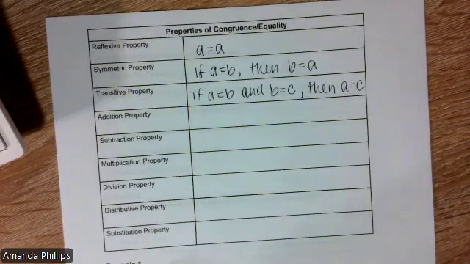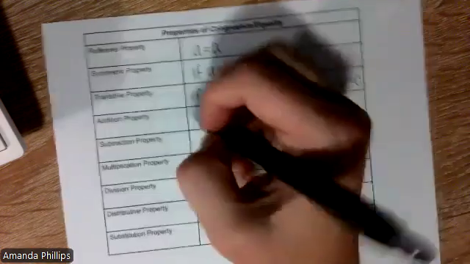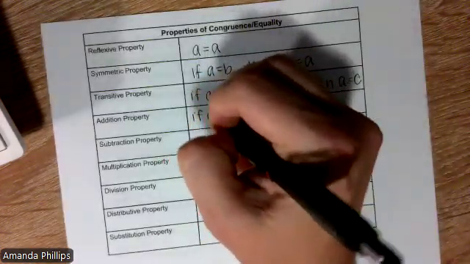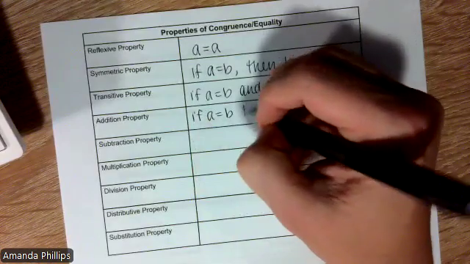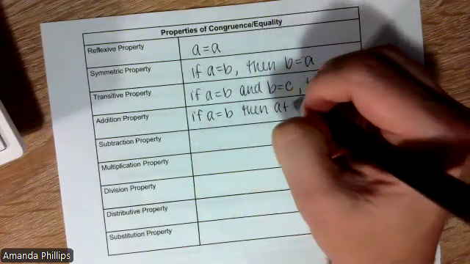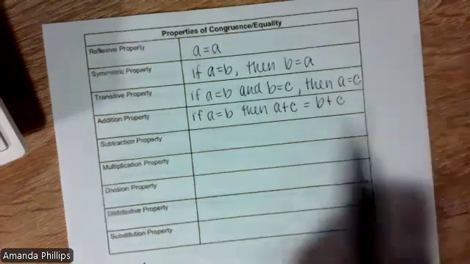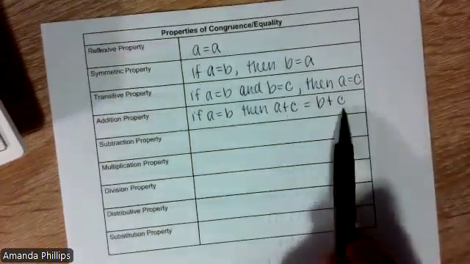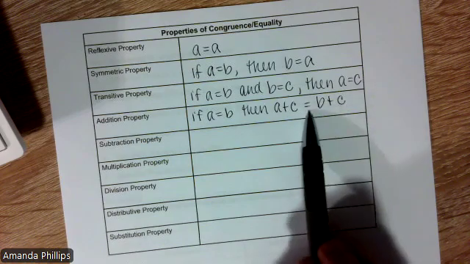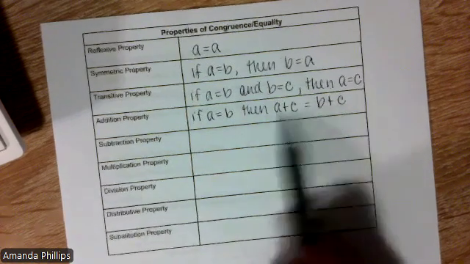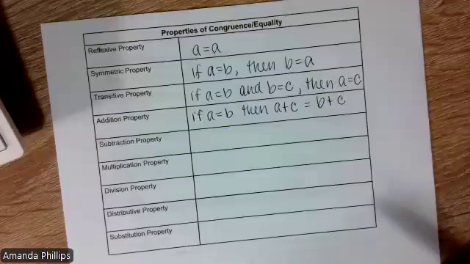Now, the addition property of equality should be something that you have seen before. It says if A equals B, then A plus C equals B plus C. Okay, so basically you can add C to both sides and you're still going to get the same thing because we've still got A equals B. Okay.